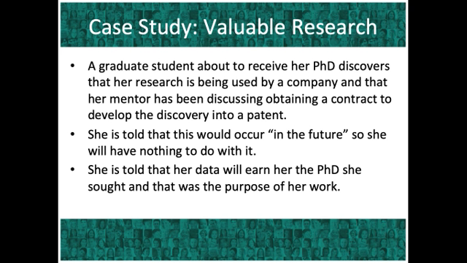So even though they're going to build off of and patent the discoveries that you made as part of your dissertation research, you will have no ownership rights, you will have no income or royalty rights from that. Instead, you're told that your data earns you the PhD that you've been seeking, and that is the sole purpose of your work.